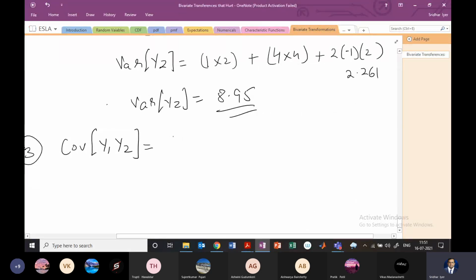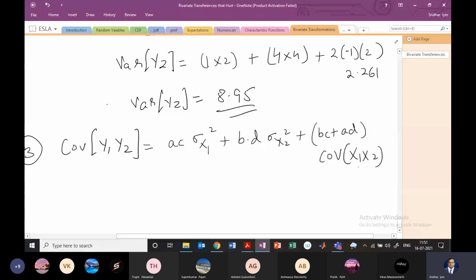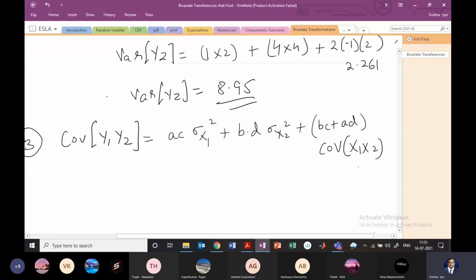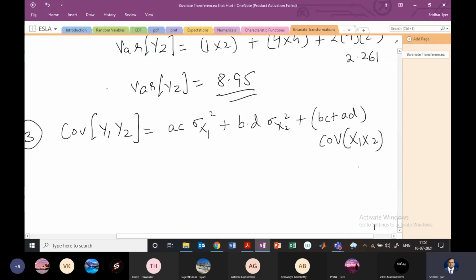So this will be a into c sigma x1 square plus b into d sigma x2 square plus b into c plus a into d covariance of x1 x2. Now it's as simple as just plugging in the values and doing the algebra and getting your answer, right? So please don't make mistakes in plugging in the values and calculation.